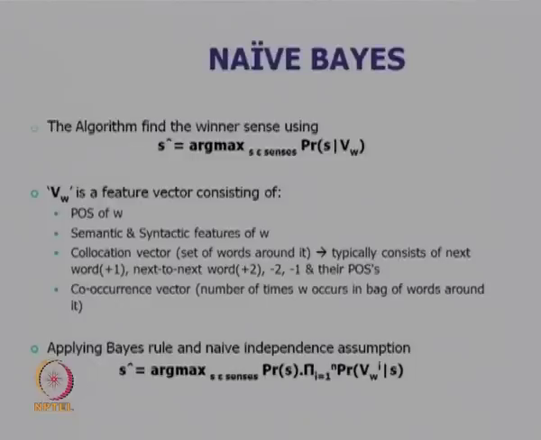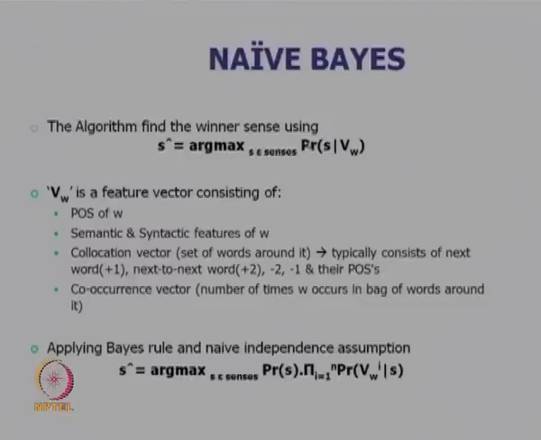The first technique there is the naive Bayes approach, and we have this formula here, which is very familiar to students of artificial intelligence, natural language processing, machine learning, computer vision, and so on.